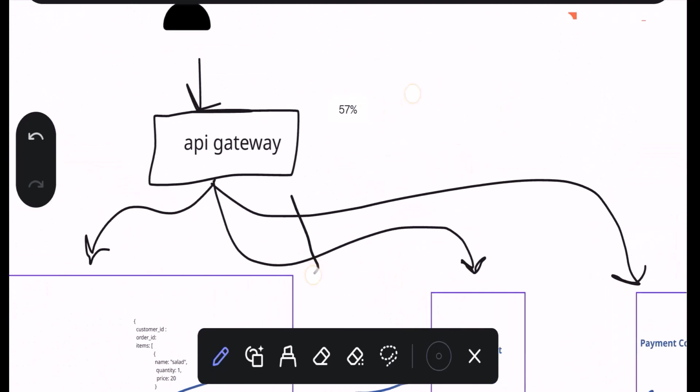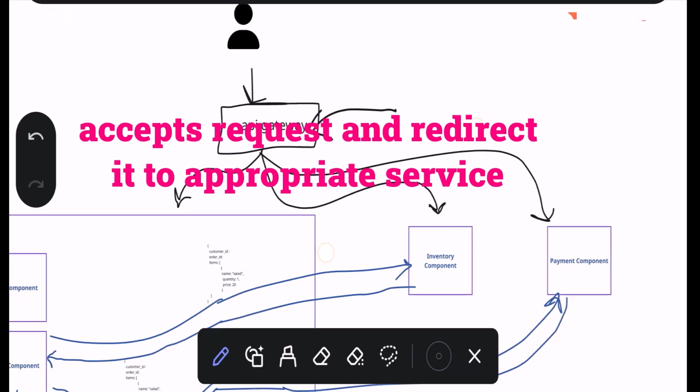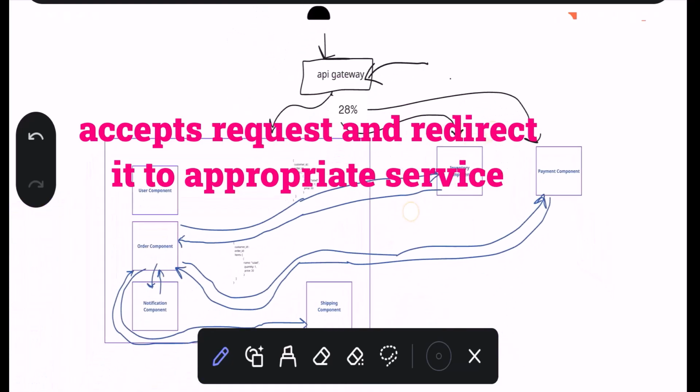It uses the API gateway, which, as I discussed in the components part, is the central point of all requests and handles authentication and logging.